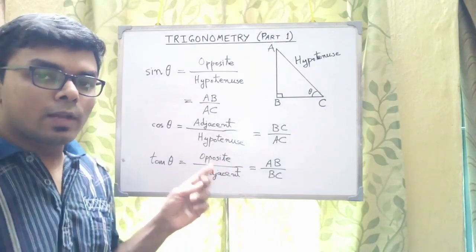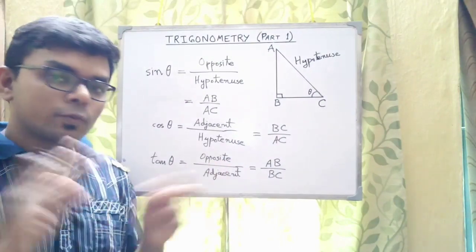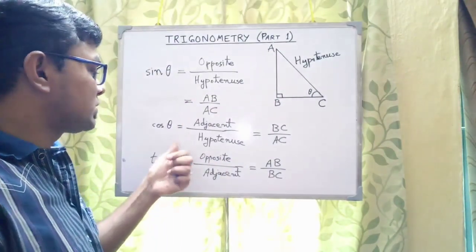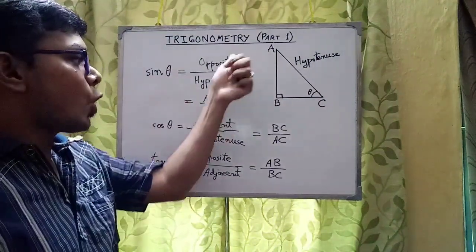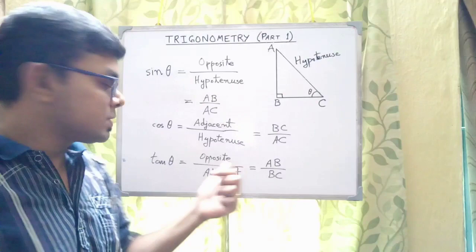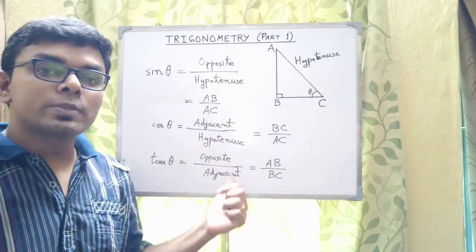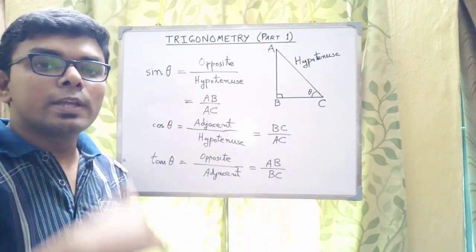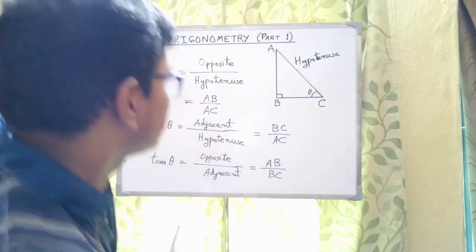So till now we have learnt 3 out of those 6 ratios: sine theta, cos theta, tan theta. So sine theta means opposite by hypotenuse, cos theta means adjacent by hypotenuse, and tan theta means opposite by adjacent. Now let's move on to the other 3 ratios.